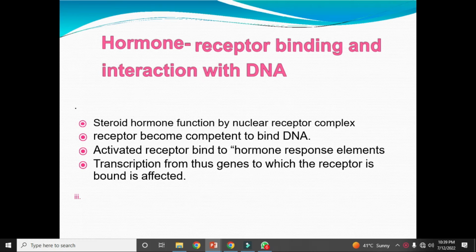Now what is hormone receptor binding and interaction with DNA? The steroid hormone functions by a nuclear receptor complex. We have already seen this in the last slide. This receptor becomes competent to bind DNA. First of all, this receptor is present in an inactivated form.